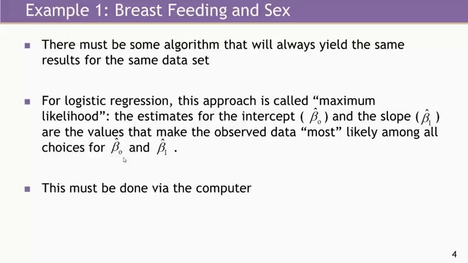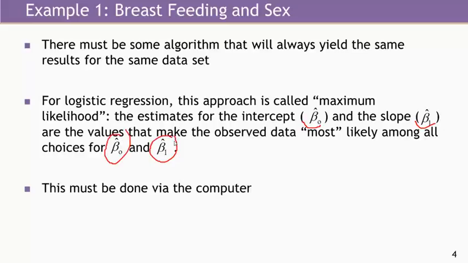Actually, the approach we use for linear regression, least squares, is a version of maximum likelihood applied to linear regression estimation. But what maximum likelihood means is that the resulting estimates we get for both the intercept and the slope are the values that make our observed sample of data most likely among all choices for the intercept and slope.